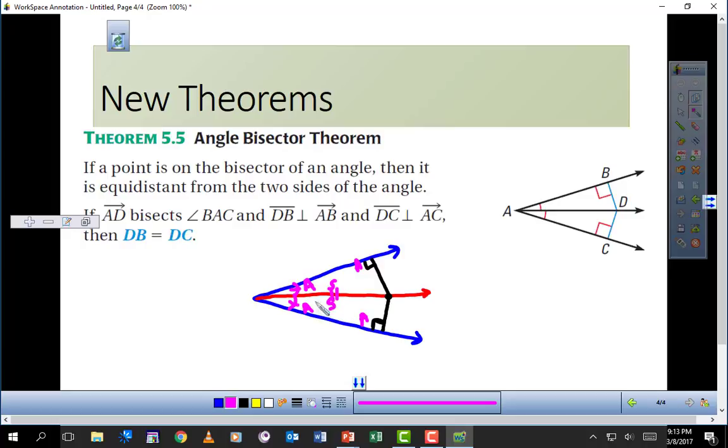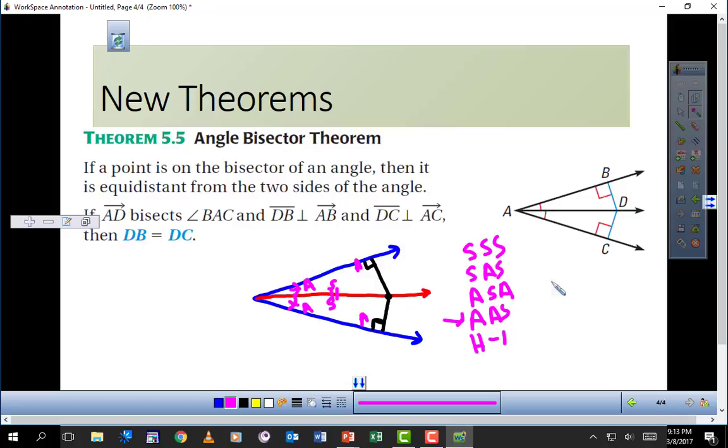And we learned way back in chapter 4 that two triangles are congruent by several theorems. We can use side, side, side, remember? We can use side, angle, side. We can use angle, side, angle. We can use angle, angle, side. And we can use hypotenuse, leg. Well, this is the one we just now used. And so in this case, these two triangles are congruent.